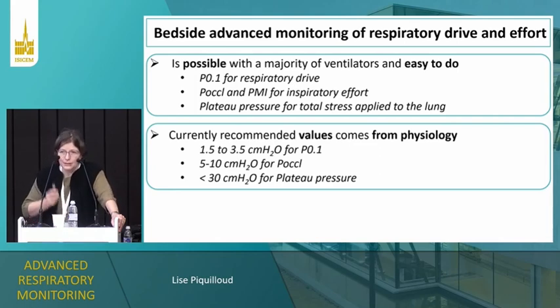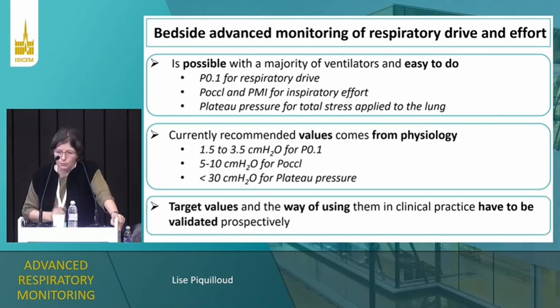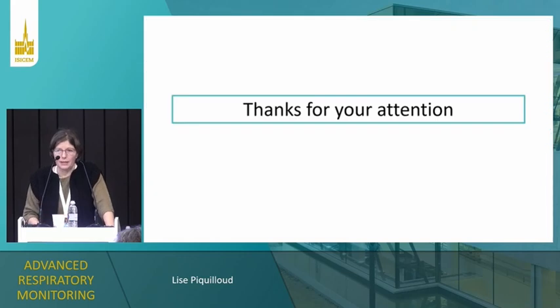I'm not sure that those are the values we should target in our patients. A lot of groups are working on these specific questions, but for the moment we don't know. And those target values and the way of using those values to set the ventilator have to be validated prospectively. Thanks for your attention.